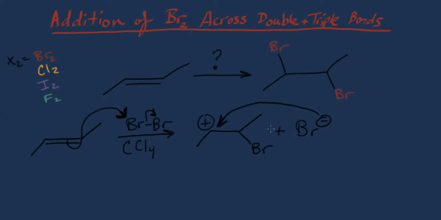This just happens because of steric effects: we have an already big bromine atom attached to our carbon molecule, and the bromide ion can't push past that too easily. So it's much easier just to go around this way, following the arrow, and attach on the opposite side, which gives us the anti-addition, which is what we were looking for.